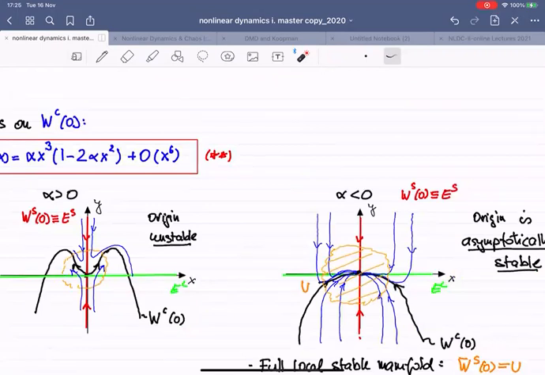But one thing I can already see is that the true stability type of the origin restricted to this curve, because in this direction, there was no question what happened. The big unknown was what happens here. When I go ahead and linearize this equation at the origin, then I still have a problem because the linearization is still degenerate.